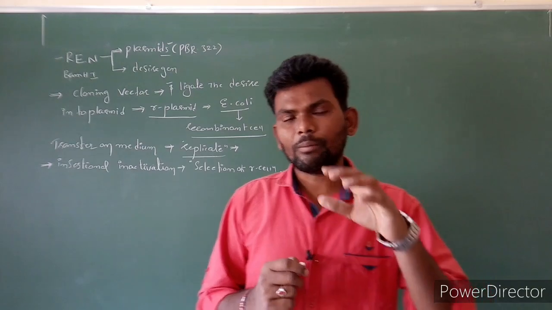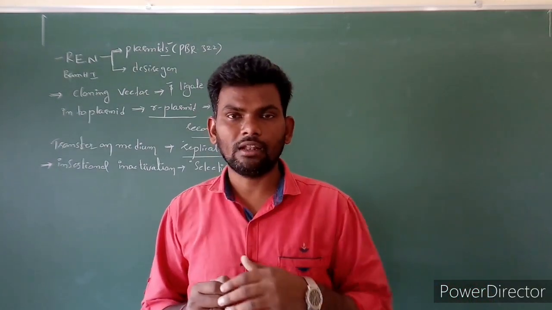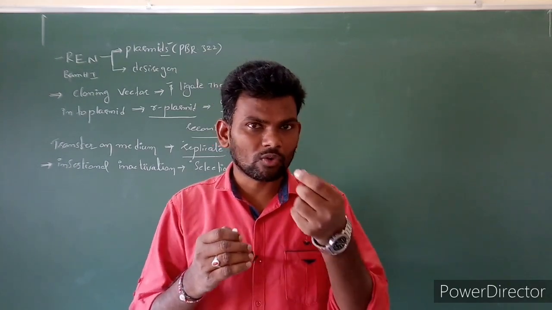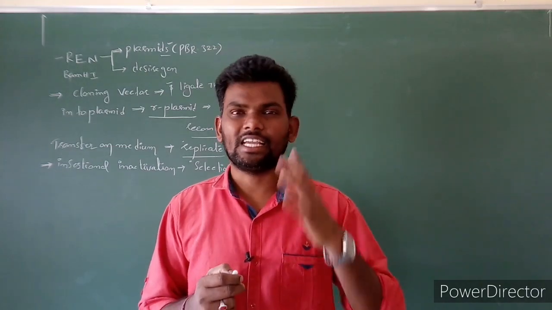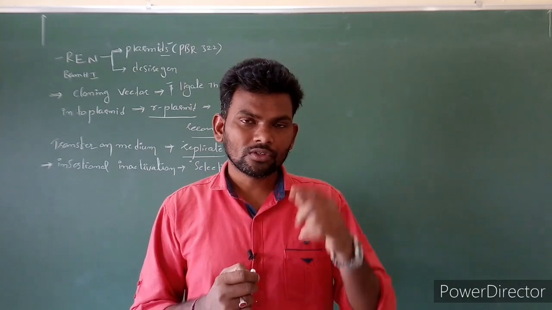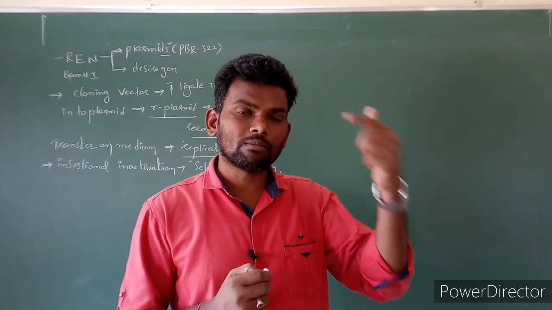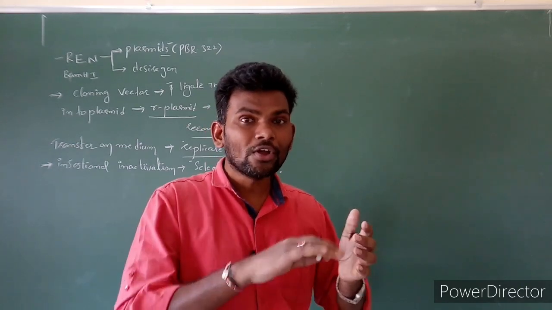Simple. When the bacteria enters the eukaryotic plant cell, it is going to release one small DNA fragment that is called tDNA. That is called what? tDNA. So this tDNA is going to transform, it means change, the normal plant cells into tumor cells.